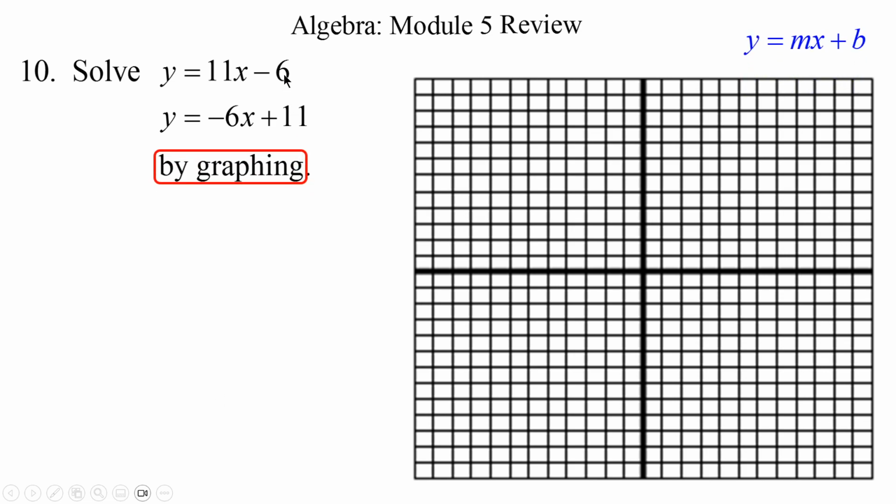Okay, so y-intercept, negative 6: negative 1, negative 2, negative 3, negative 4, negative 5, negative 6. Slope, 11, count this carefully: 1, 2, 3, 4, 5, 6, 7, 8, 9, 10, 11. Okay. And then I'm going to go over 1 right there.